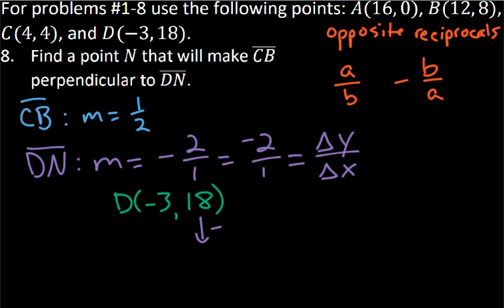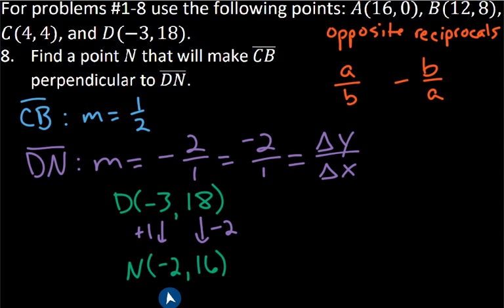So we can subtract 2 from our y value and add 1 to our x value so that our point is negative 2, 16. And that is a perfectly good answer for our N. We could also continue to add 1 onto the x value.